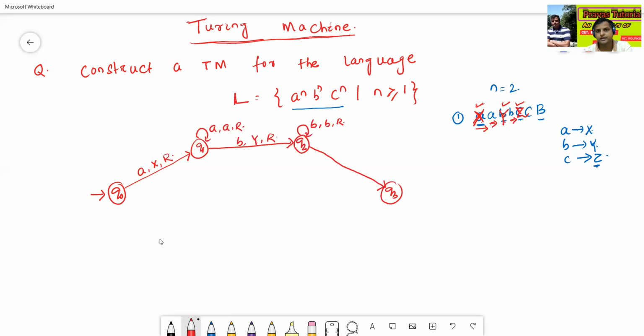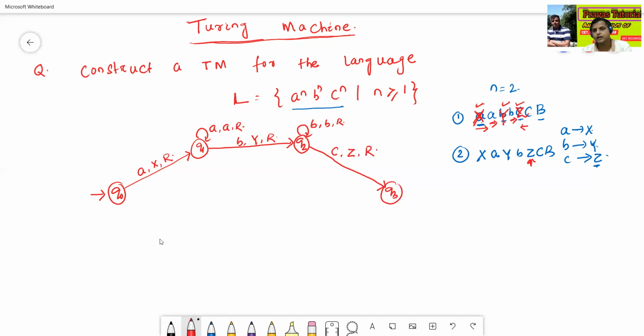Now the string looks like X, A, Y, B, Z, C, capital B, and my pointer is here.